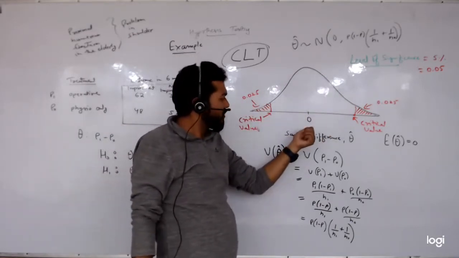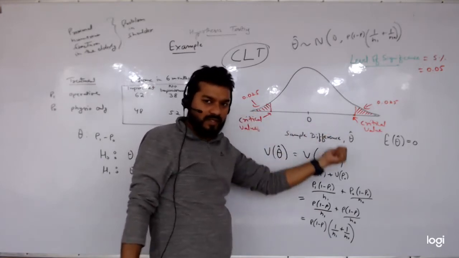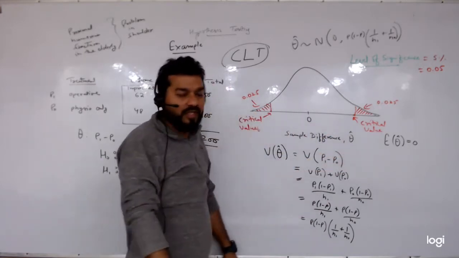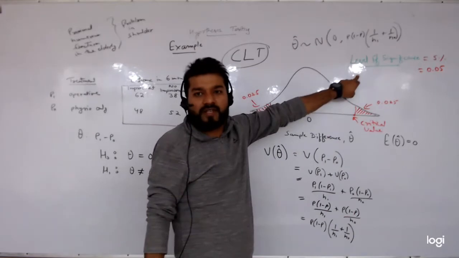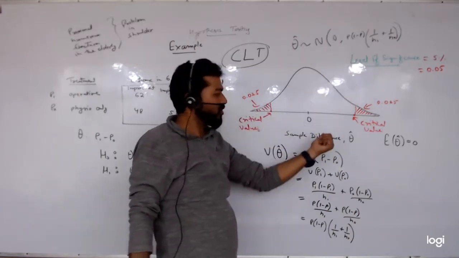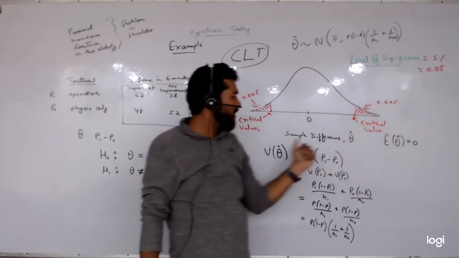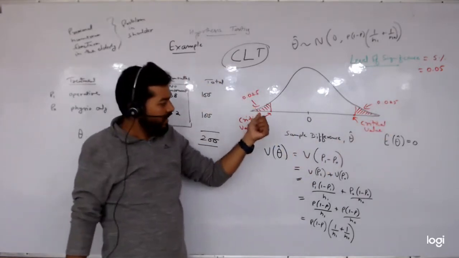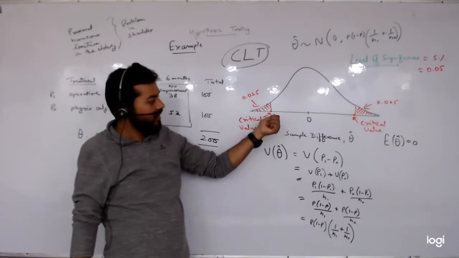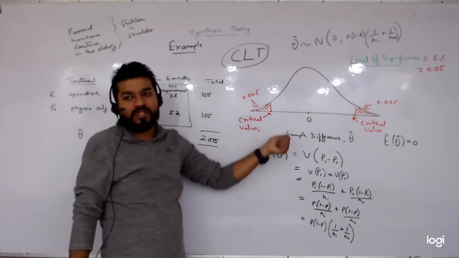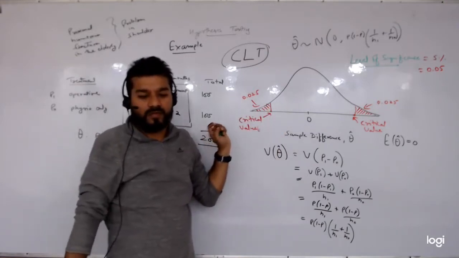It's normal, so we need to know where it's centered and what the variance or standard deviation is. Then we set our level of significance. If it's 5%, then we know for normal how this is going to be: 2.5% in one tail, 2.5% in another tail. This would give us critical values.